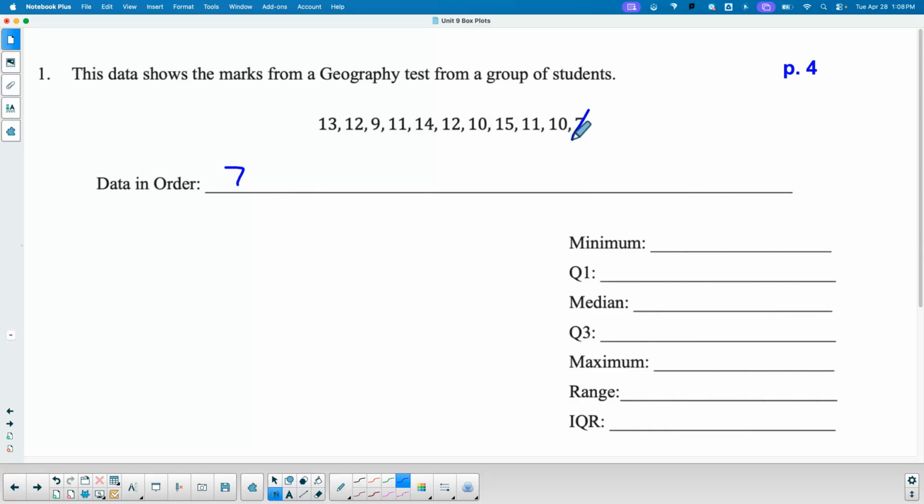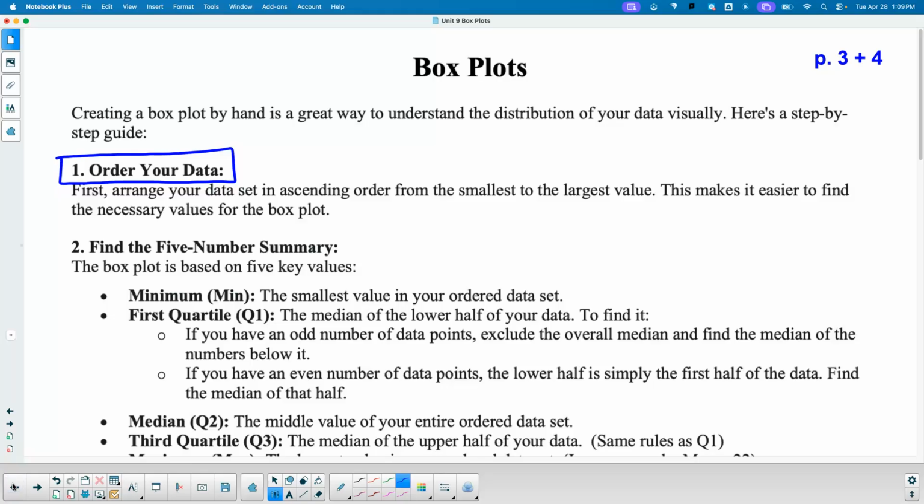What's next? 9. Next. How many 10s? 2 10s. Next. 2 11s. Next, 2 12s. Next, next, next. Okay? So we've got our data written out in order. That's step number 1. We've got to write out our data in order.